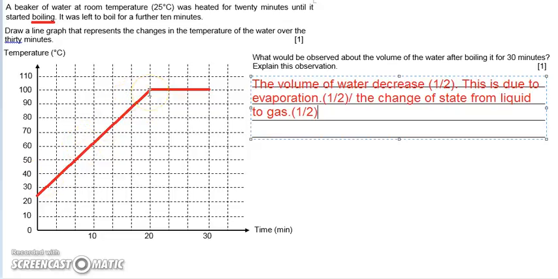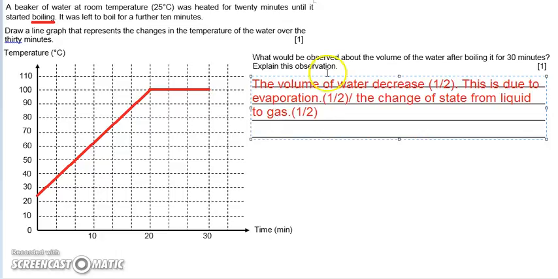And then at 100 degrees, definitely even more evaporation occurs, because the higher the temperature, the more evaporation happens. So when evaporation happens, liquid water will change to gaseous state, water vapor, and escape the beaker.